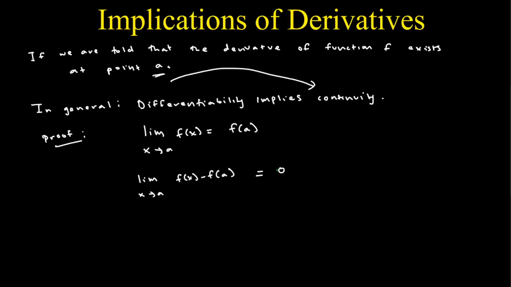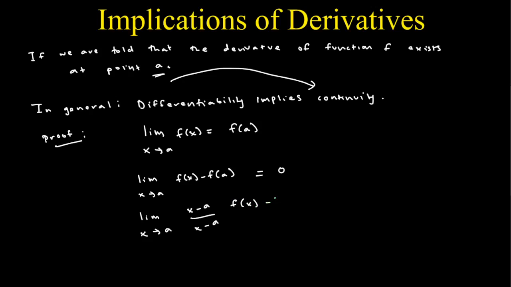Well, in order to show differentiability implies continuity, we have to somehow show that a function being differentiable implies that this expression here is also true. Well, one thing we could do is multiply by x minus a, right? And because I'm multiplying the numerator and denominator, it's like multiplying by 1.